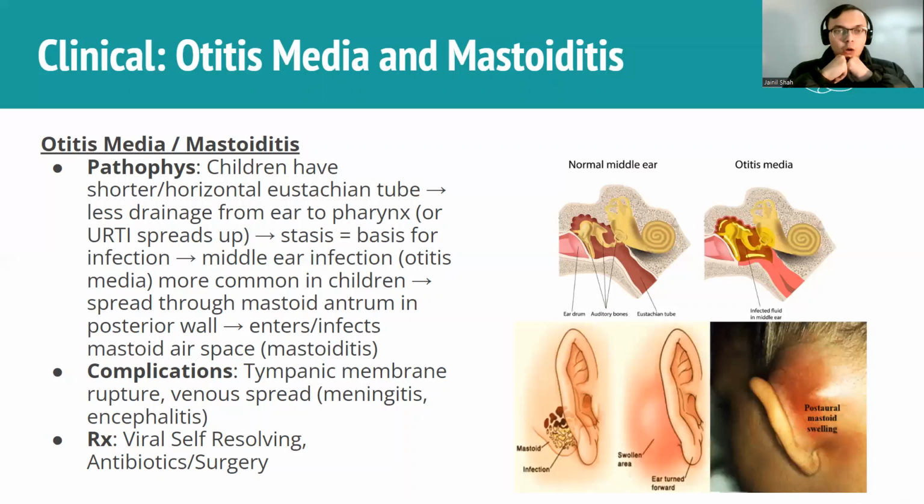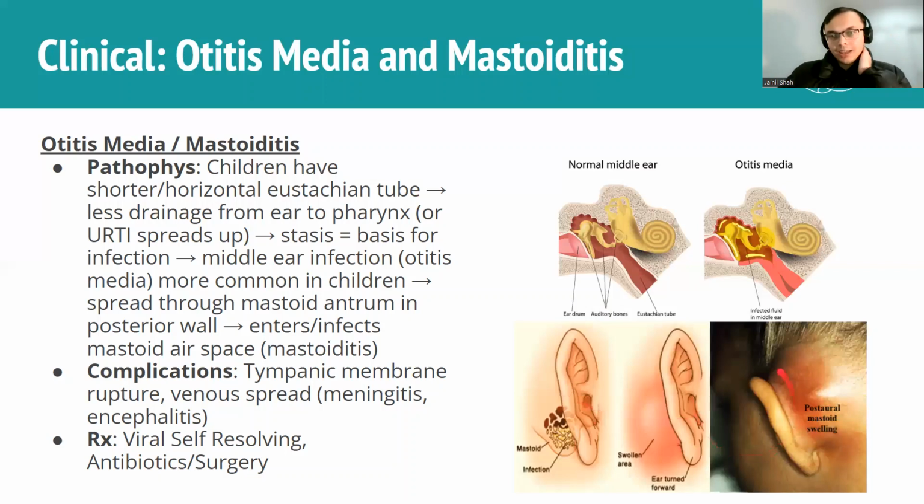Again, we talked about why that's more common in children for the reasons of the nasopharyngeal tube being more horizontal and shorter. But from here, an important complication is that if you remember, we talked about how on the posterior wall of the middle ear cavity, we have what's called the antrum, the opening to the mastoid antrum, right? So it can actually spread from the middle ear to the adjacent space, which is the mastoid air cells, and infect those areas, and then cause a mastoiditis, which is an infection of the actual mastoid bone.